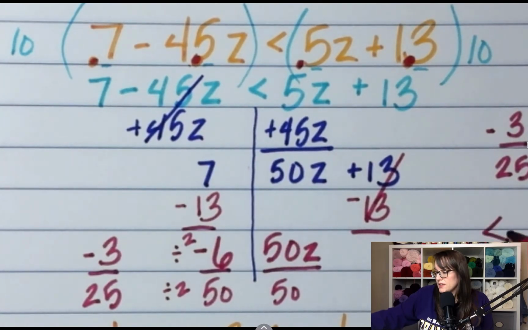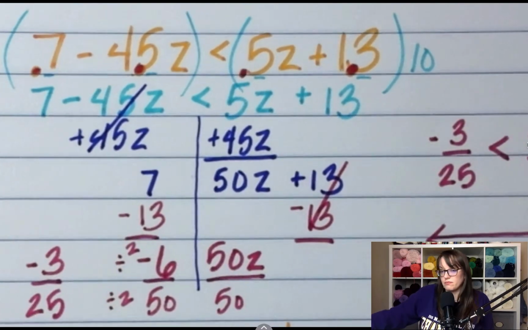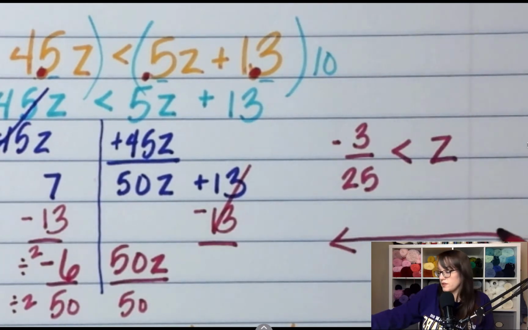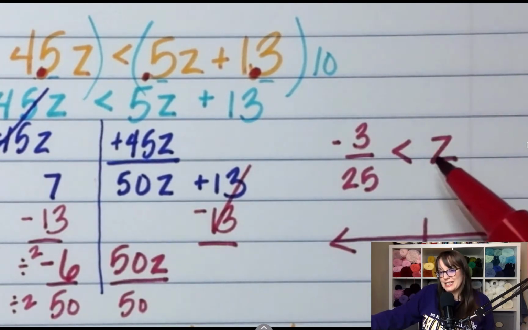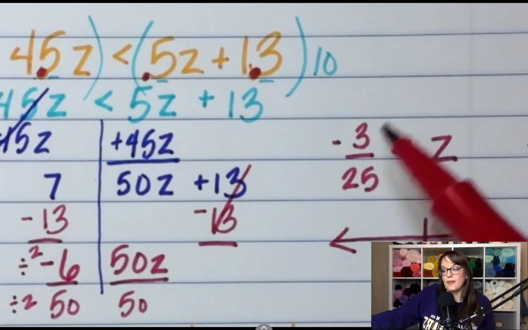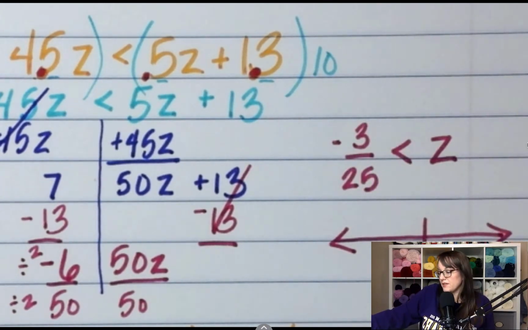Now, when I graph it, let's say this is my answer. Z is going to be bigger than this. So this is negative 3 over 25. So this would be, let's say, 0, and this is negative 1.